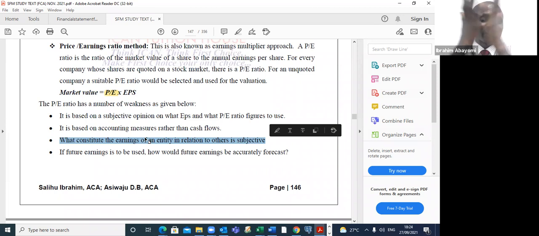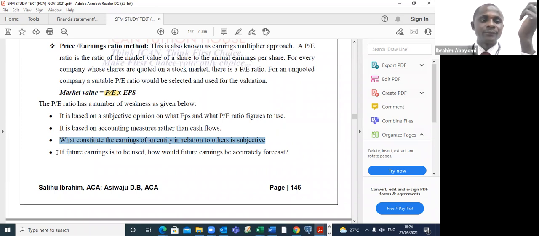The formula does not specify what earnings we should use. Is it earnings from normal business activities, or earnings after other comprehensive income, or profit plus other comprehensive income? So the earnings is not specifically stated.